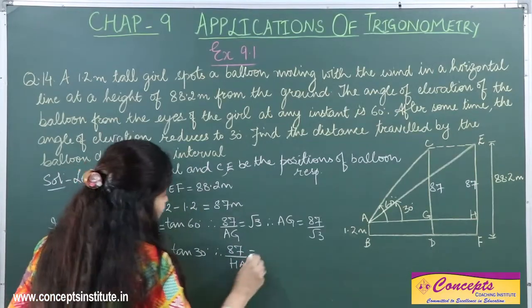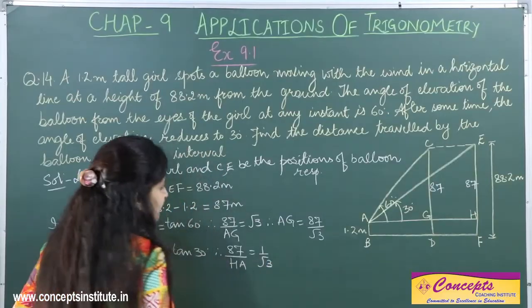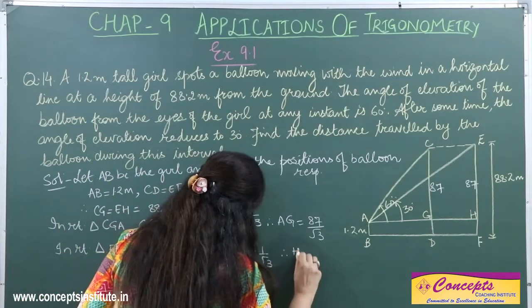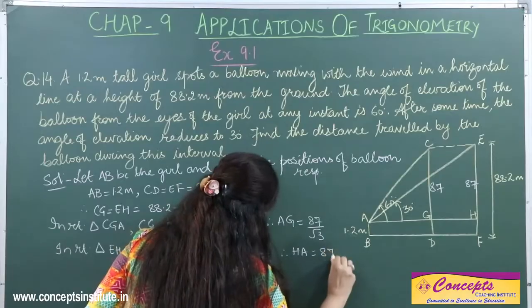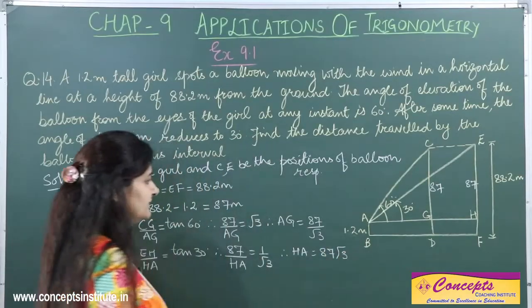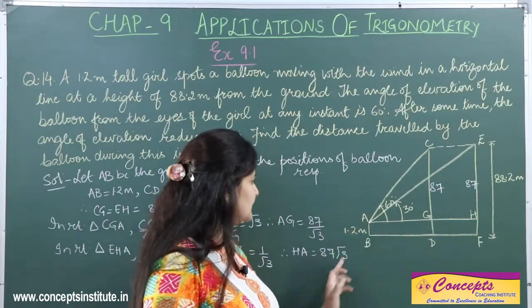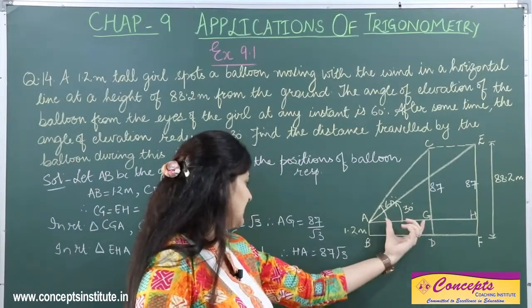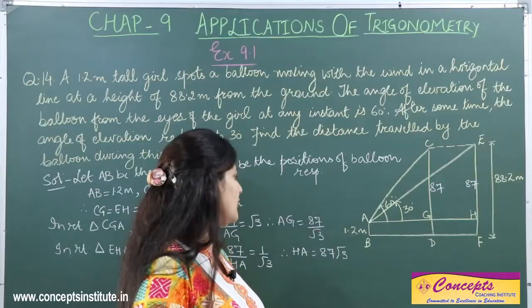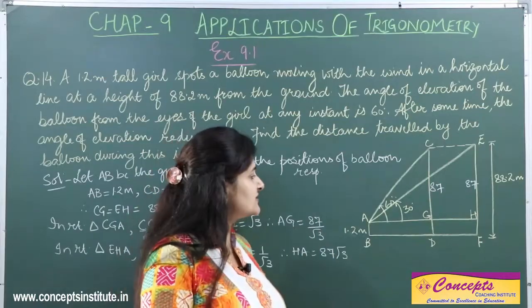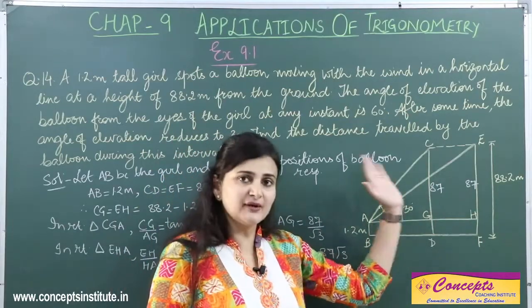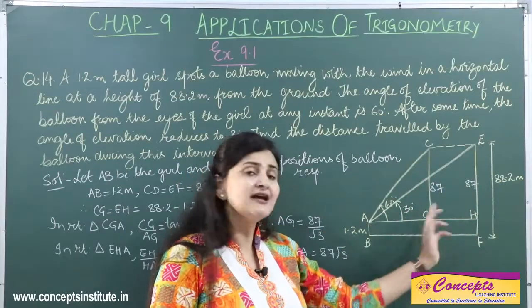So this is equal to tan 30, which is 1 upon root 3. So therefore HA would come out to be 87 root 3. So we can say AH or HA is 87 root 3, and we have also found out AG, which is 87 upon root 3. And what are we interested in finding out? The distance travelled by the balloon, which is CE or GH.